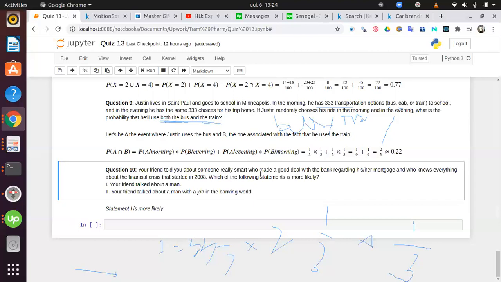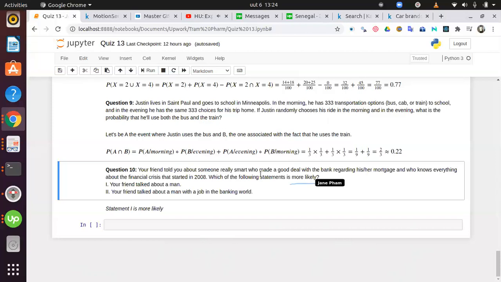It's clear. Right, so let me try question 10. Your friend told you about someone really smart who made a deal with the bank, who knows everything. Which is more likely?